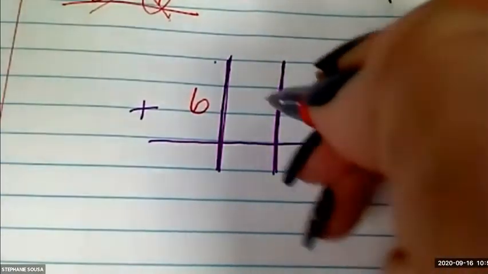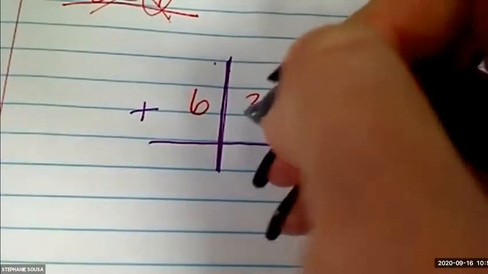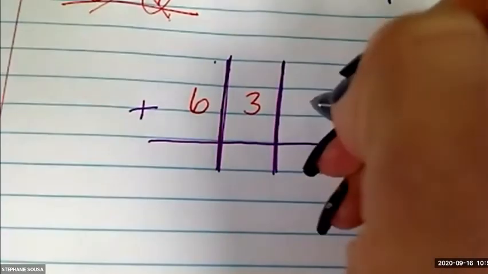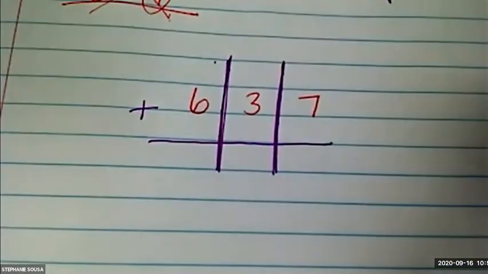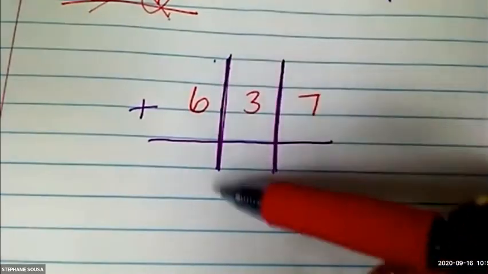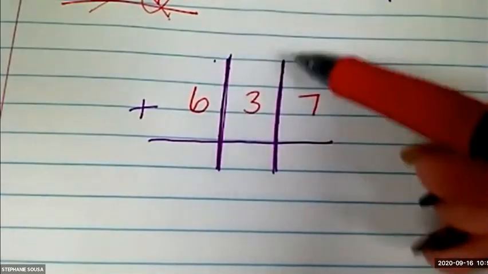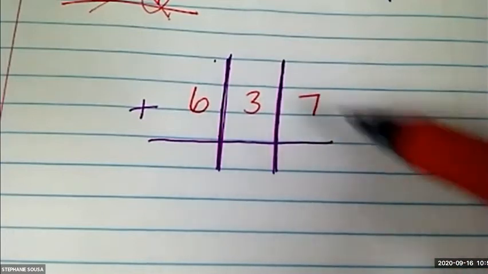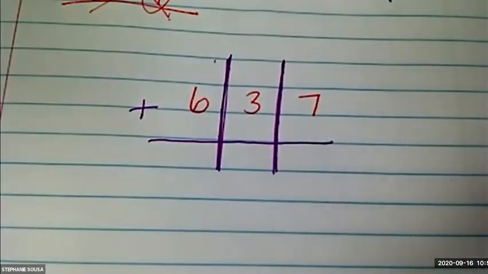I'm going to put a 6 in the hundreds. I'm going to put a 3 in the tens. And I'm going to put a 7 in the ones. So this is 637. And because I had this bracket here, I have a nice space between each of my place values to help my work be more neat. You should have the same.